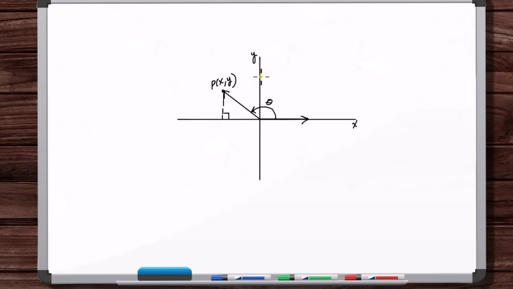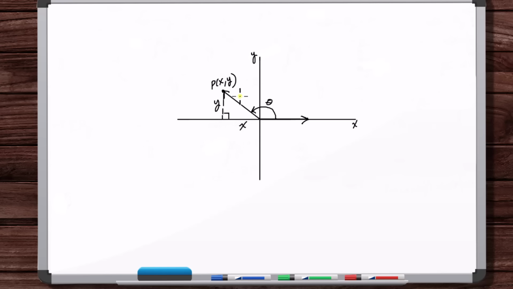Just looking at this right triangle, the side lengths are, well, this is y, and this is x. Now, this is a little bit different because in this case, y is positive, but x is a negative value, right? We're in the negative x.